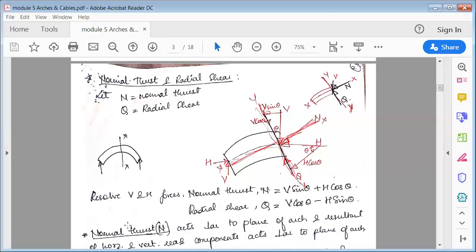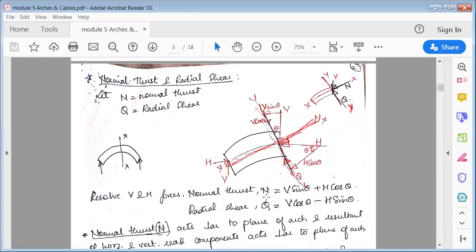We'll use it here, when you're finding the vertical and horizontal forces. So normal thrust N, if you want to find it, is V sine theta plus H cos theta. Of course, again, this derivation is not important. Only how to use this and what N and Q are is important.